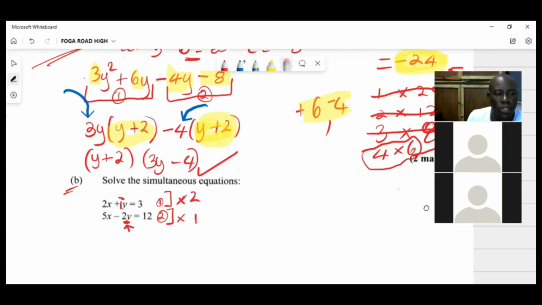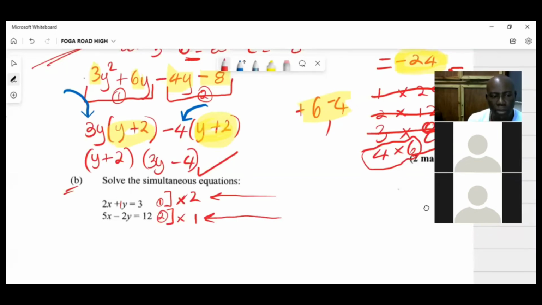This is how we deal with these things: you take the numbers you want to get rid of and flip them. The number from the top goes to the bottom, and the number from the bottom goes to the top. We're going to create 2 more equations. We'll multiply all of this by number 2 and all of that by number 1, so we'll get equation 3 and equation 4.